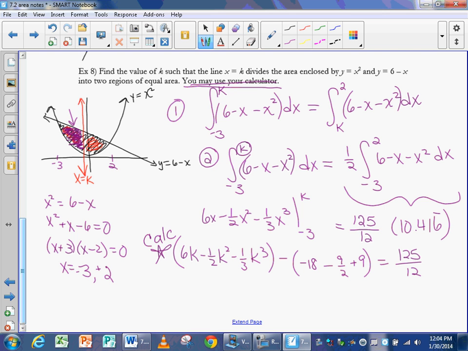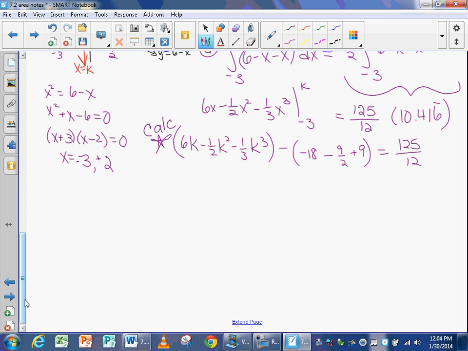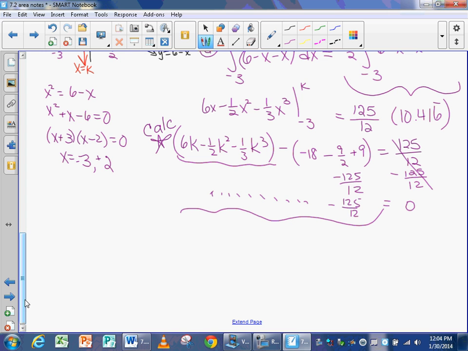If you want to use your calculator to solve an equation, my rule is just always set it equal to 0. So subtract 125 over 12 from both sides to set this side equal to 0. Graph this in your calculator. So graph 6x minus 1/2 x squared, using an x. Put this whole left side into your calculator.